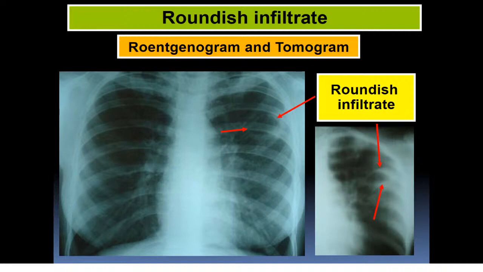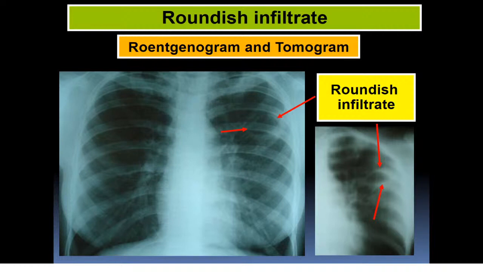This is a rentgenogram and tomogram of one patient, and on the rentgenogram we can see infiltration. On tomography we can see a cavity of destruction inside of this infiltrate.